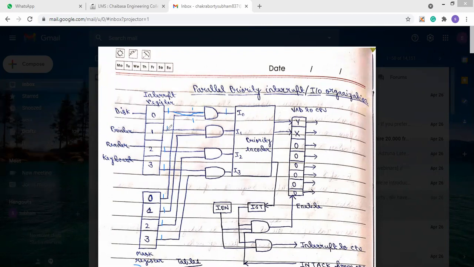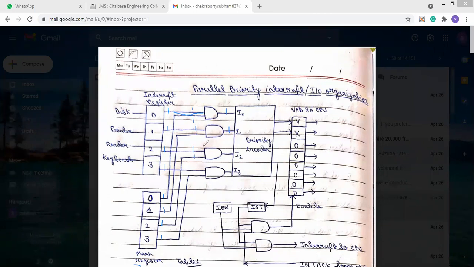The same holds for the printer. It generated an interrupt, so the AND gate input is 1, and initially the mask register value is 1. So 1 AND 1, the output will be 1. Next, in the case of the reader, the interrupt register output will be 1, and from the mask register the output will be 1.